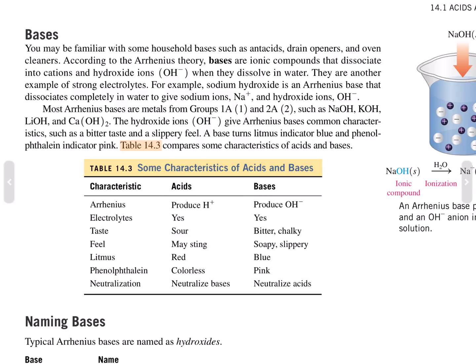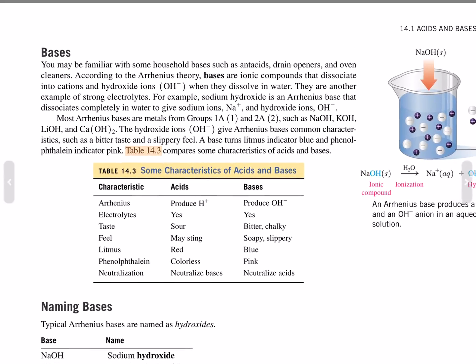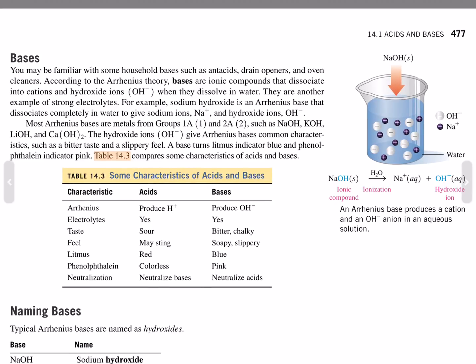Bases. You may be familiar with some household bases such as antacids, drain openers, and oven cleaners. According to the Arrhenius theory, bases are ionic compounds that dissociate into cations and hydroxide ions when they dissolve in water. They are another example of a strong electrolyte. For example, sodium hydroxide is an Arrhenius base that dissociates completely in water to give sodium ions and hydroxide ions.